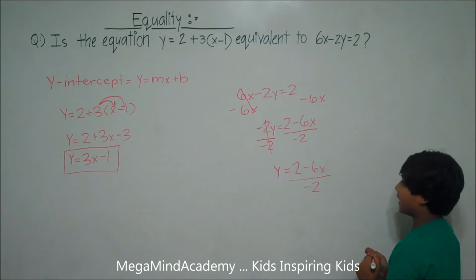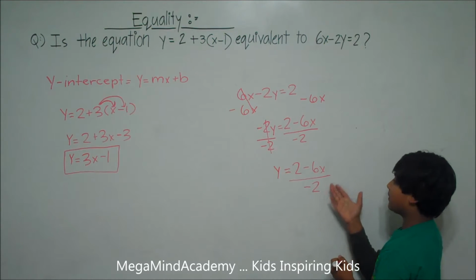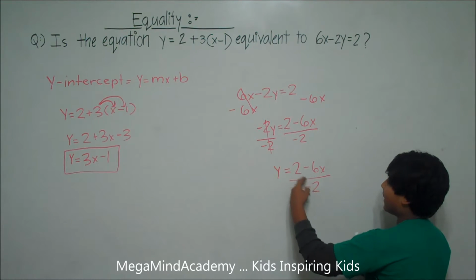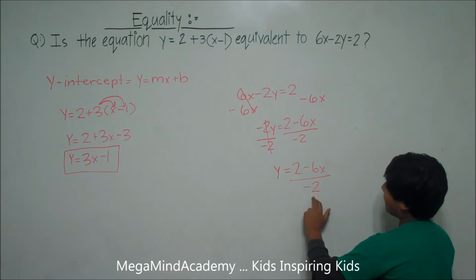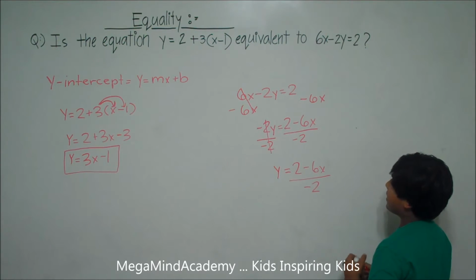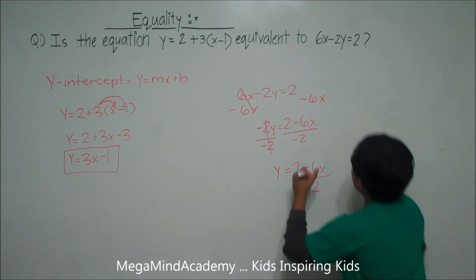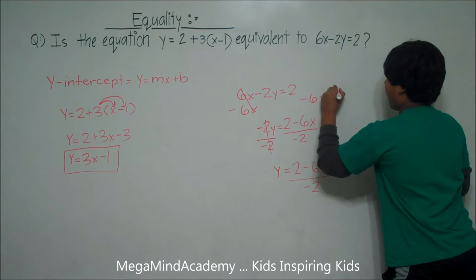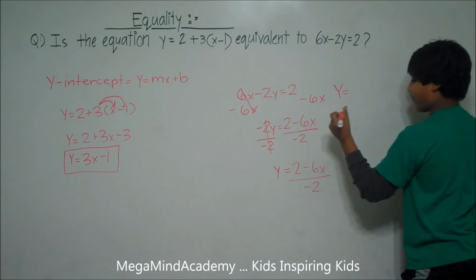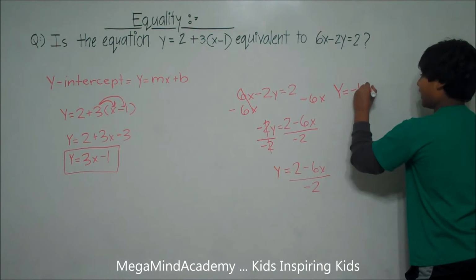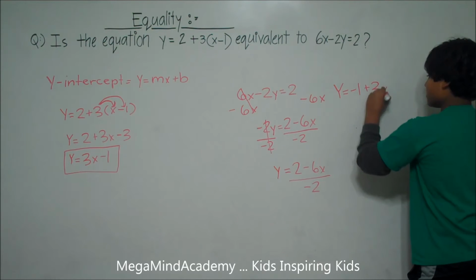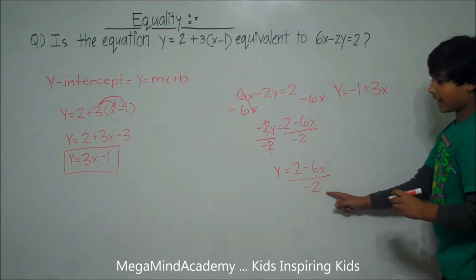Now, we can't just leave it like this because we can still divide. 2 divided by negative 2 is negative 1, and negative 6x divided by negative 2 is 3x. So we're left with y equals negative 1 plus 3x.